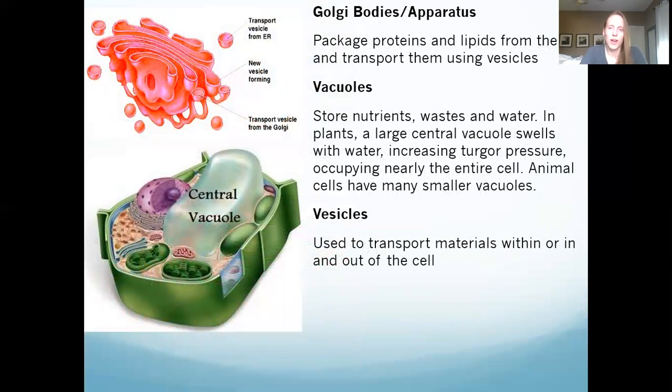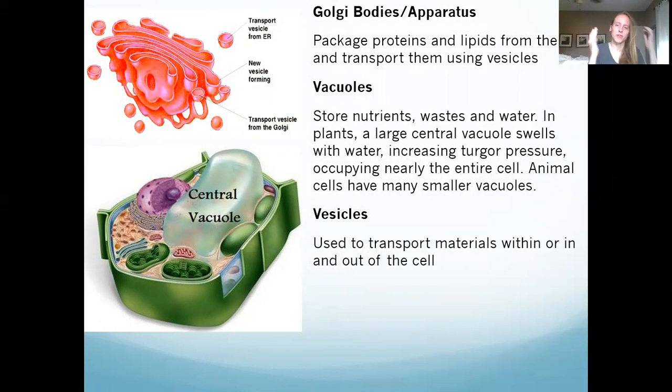Then you have the Golgi bodies, also called the Golgi apparatus. Again, it's this kind of wiggly structure, but it's most recognizable because it has these little circles usually floating just off of it. The Golgi bodies package proteins and lipids, usually coming from the endoplasmic reticulum, into little vesicles, which are just little circles of membrane.